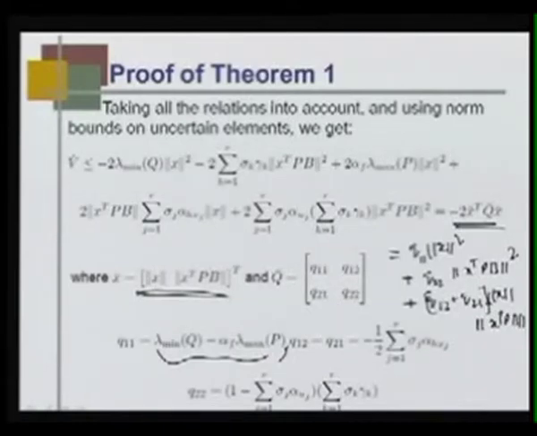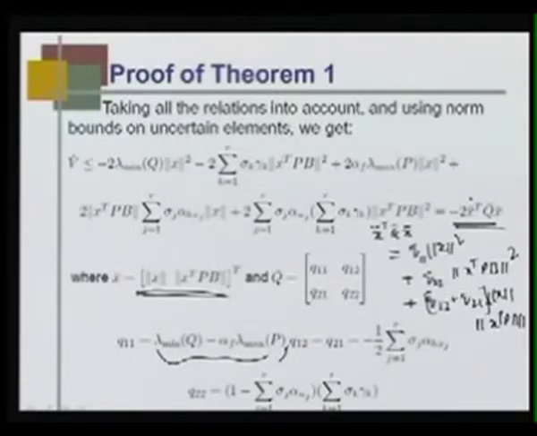Then x bar transpose q bar x bar is this quantity: q11 x norm square, q22 x transpose p b norm square, plus q12 q21 x norm into x transpose p b norm.